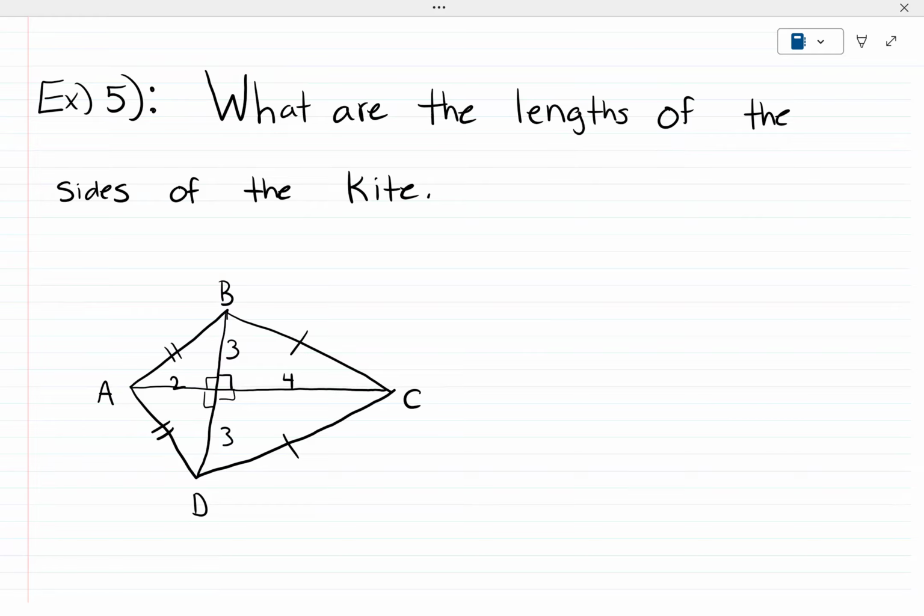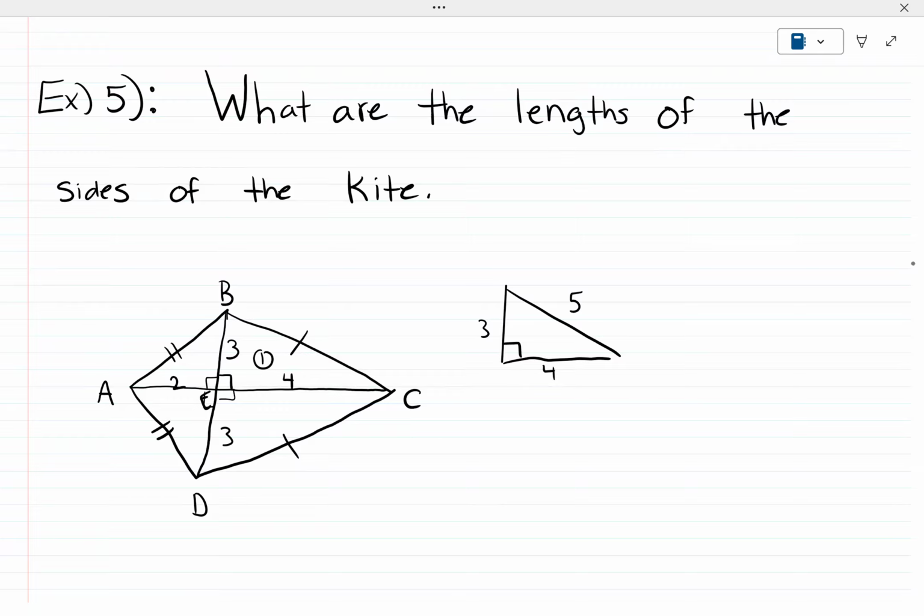This halfway point is E. So let's look at this triangle, triangle one. If you draw it a little better, this forms a 90-degree angle, right? And this is length 3, this is length 4, and then this is length 5, right?